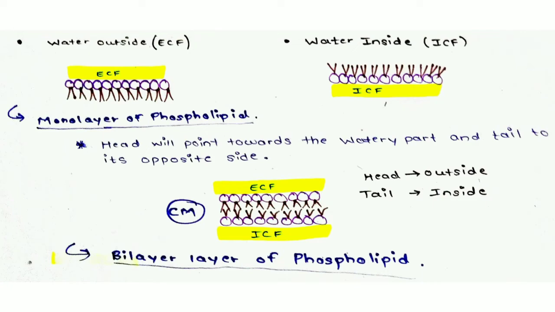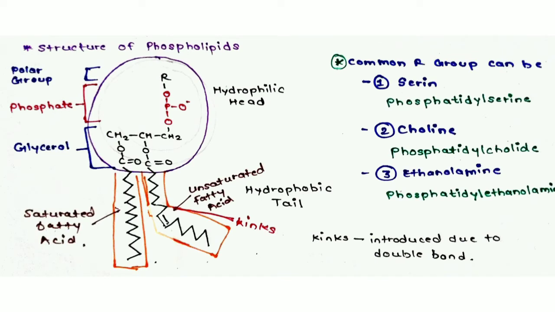Now let's study exactly the structure of phospholipid. In this figure you can see a big purple circle, that is the hydrophilic head, which includes the phosphate group and the polar head group attached to the phosphate, denoted with R, and there is a glycerol molecule.